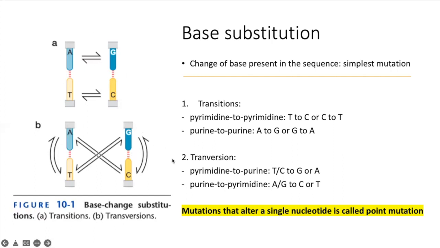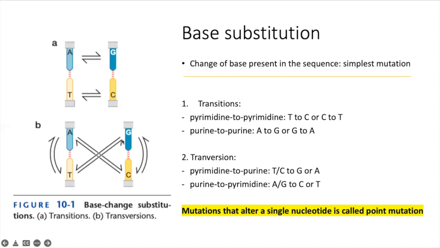In transversion, a pyrimidine is converted into a purine, or a purine is converted into a pyrimidine. So if A is converted to C, or if A is converted to T, it is called purine to pyrimidine transversion.